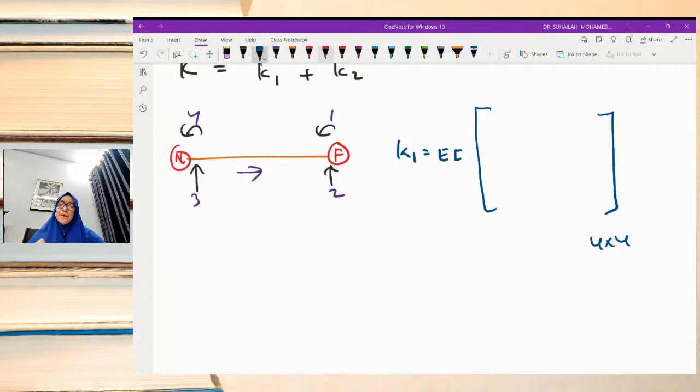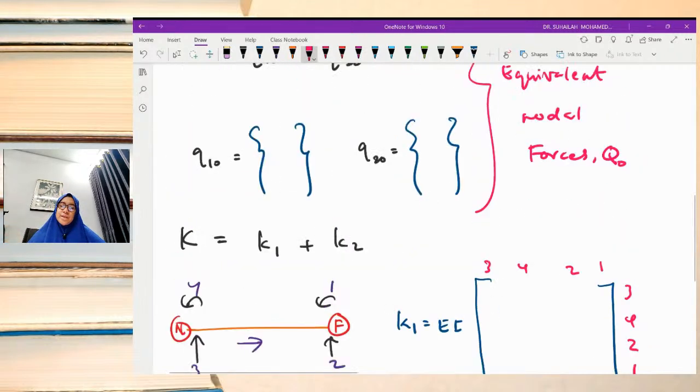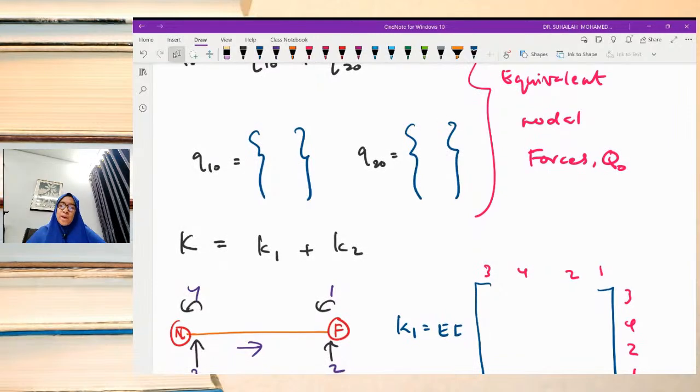We label this as 3 4 2 1, and we use this label in Q1 naught as well, 3 4 2 1.